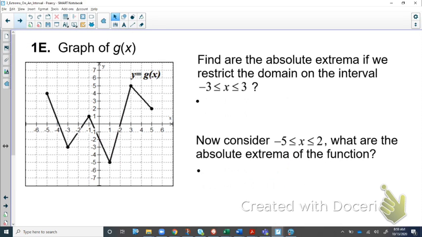So same idea here. You guys go ahead and try working this one out on your own. Pause the video, and then when you have your answers, click play and see what I put up.